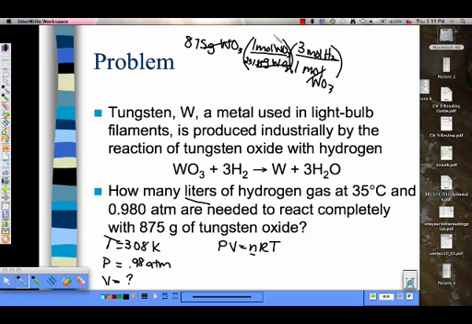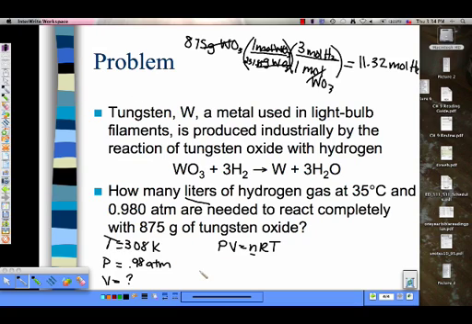There we go. We're in moles of hydrogen, which is what we kind of wanted. So when we calculate this out, times 3, we're going to have 11.32 moles of hydrogen. So now we can plug that in down here.